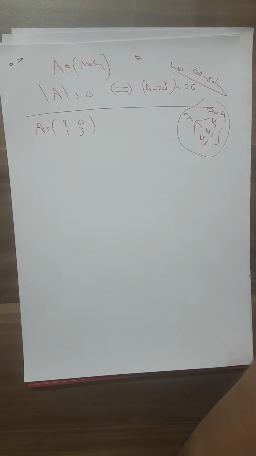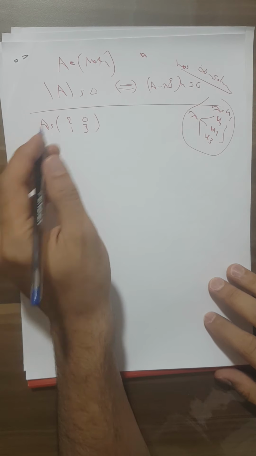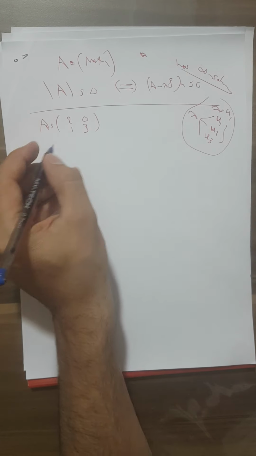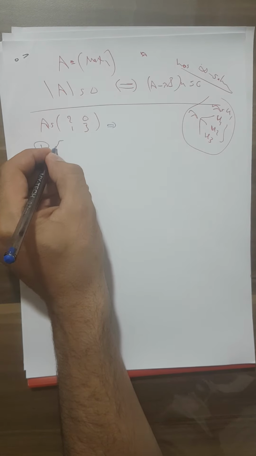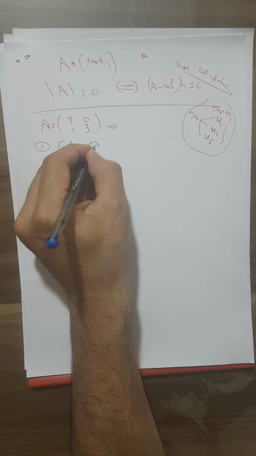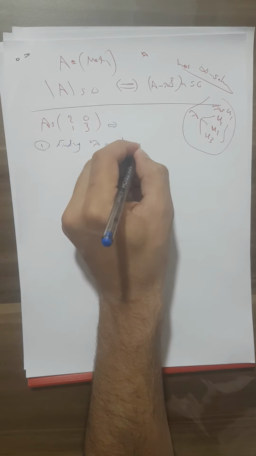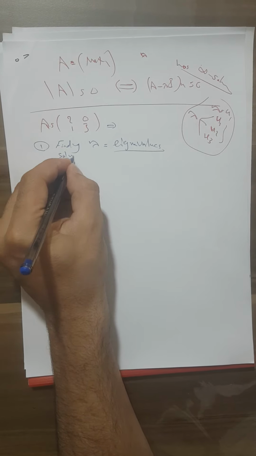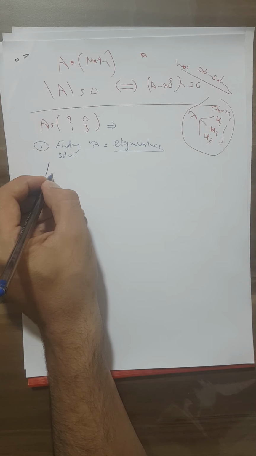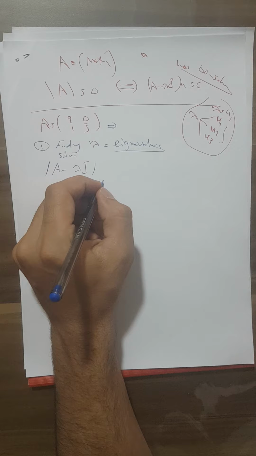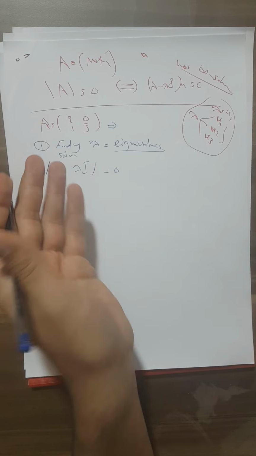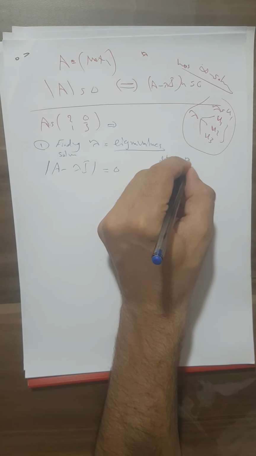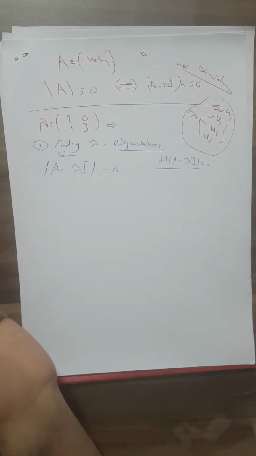Here we have A. To find the eigenvalues, first of all, finding lambda, the eigenvalues, you need to solve the determinant of A minus lambda I. Some books write it like that, or maybe they write the determinant of A minus lambda I. Both of them are the same.